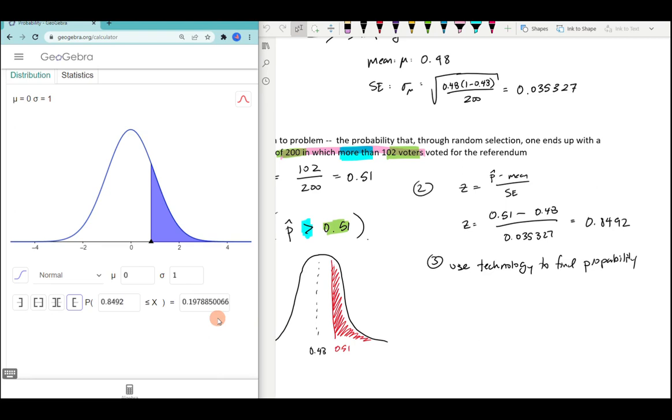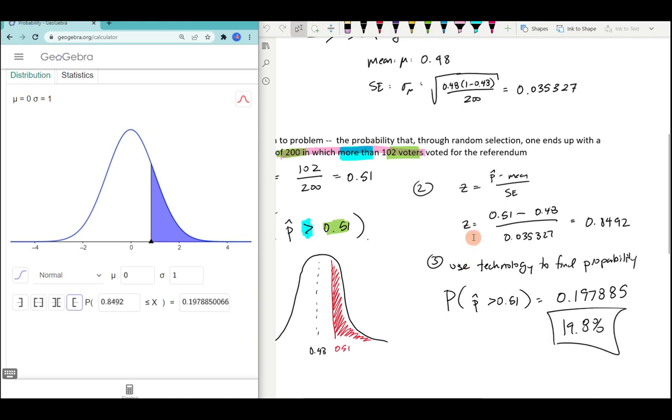So the probability that I would get a sample proportion that is larger than 0.51 is in this case 0.197885, or, doing a little bit of rounding, about 19.8%.